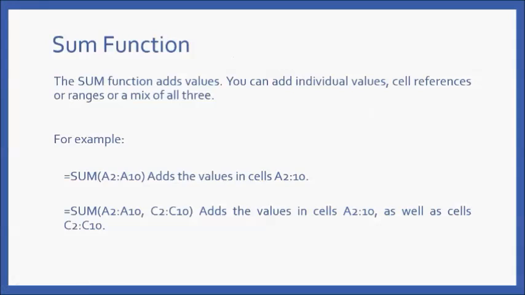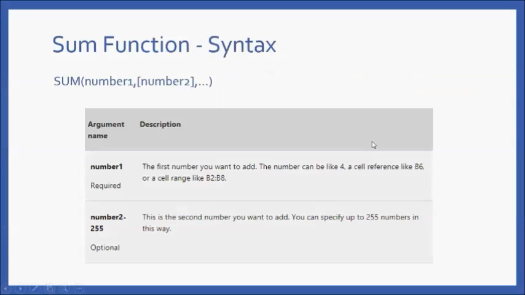So the SUM function adds values. You can add individual values, cell references, or ranges, or a mix of all three. So for example, =SUM(A2:A10) adds the values in cells A2 up to A10. =SUM(A2:A10,C2:C10) adds the values in cells A2 to A10 as well as cells C2 to C10.